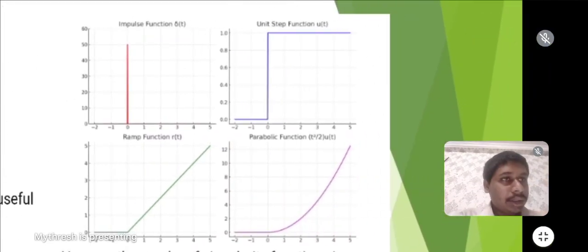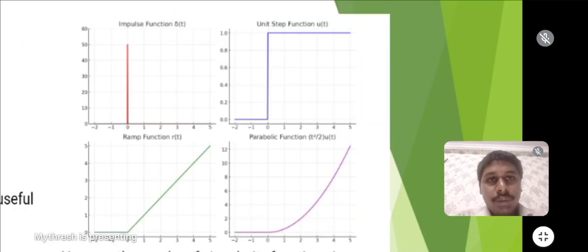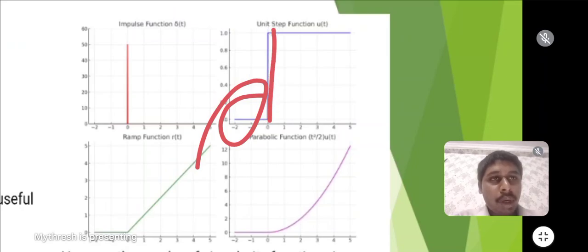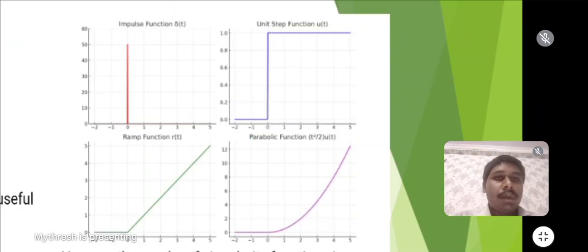So let us see the respective graphs of the systems. Let us see the impulse function first. As we can see, for t equal to 0, it only gives a value, an impulse. Then for the step function, for t less than 0, all values are 0, and for t greater than or equal to 0, we get 1.